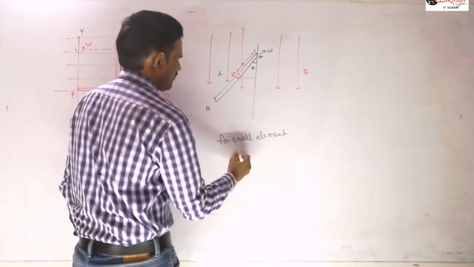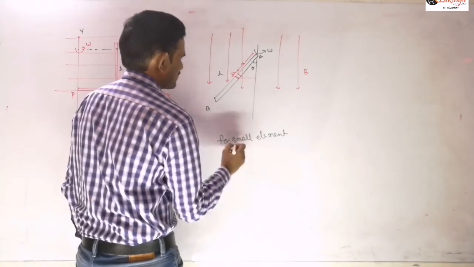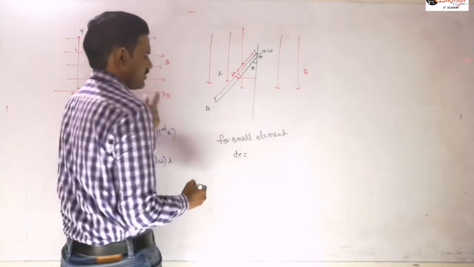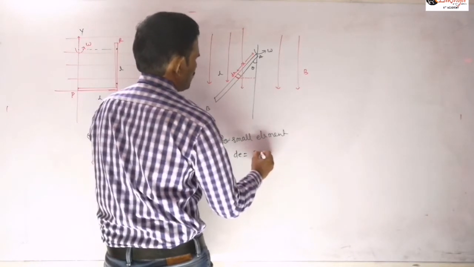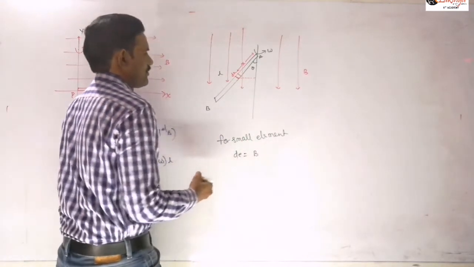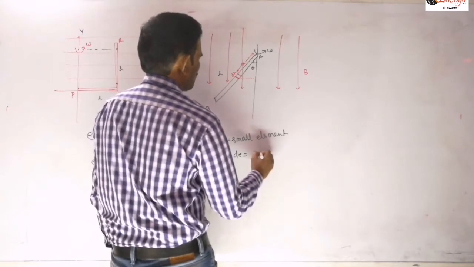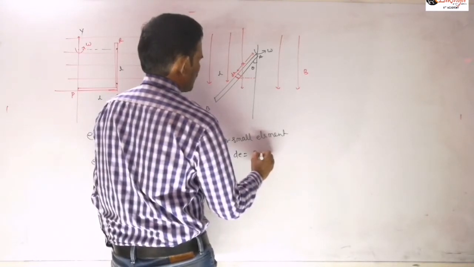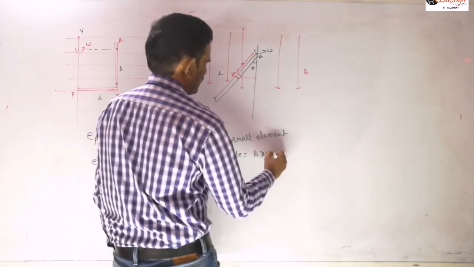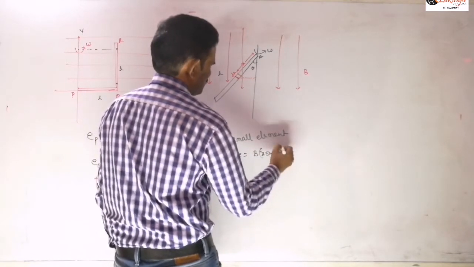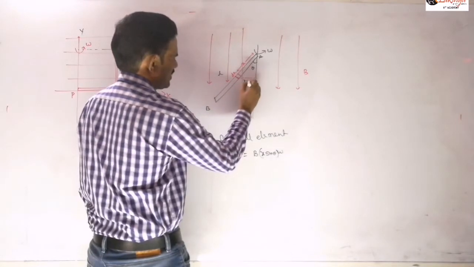So the induced EMF for the small element, I can write as dE equal to B into the velocity of that element into dx.